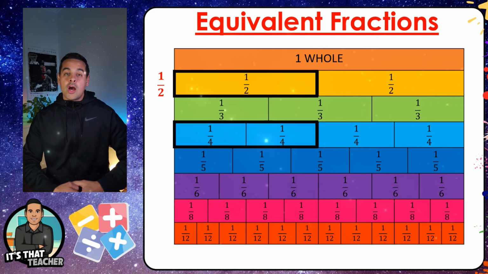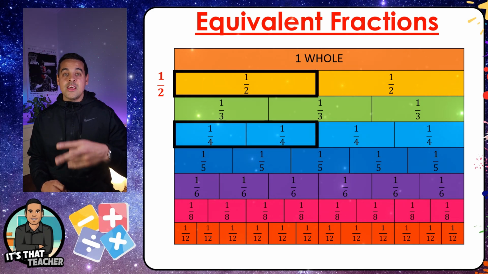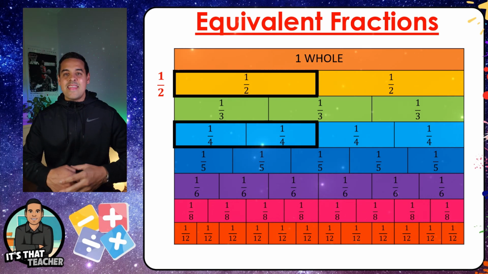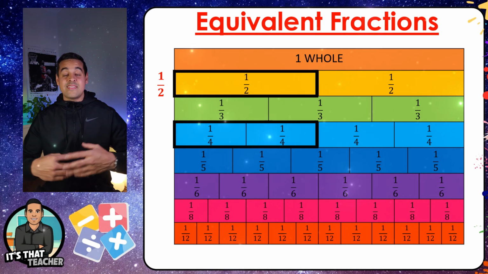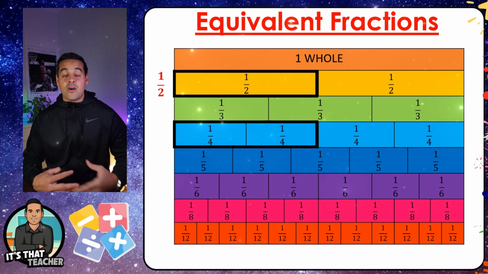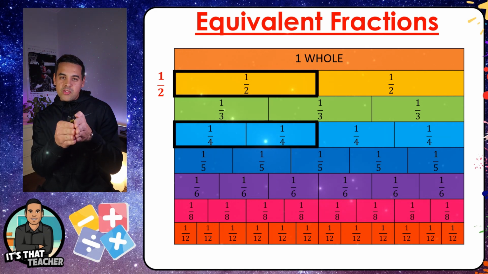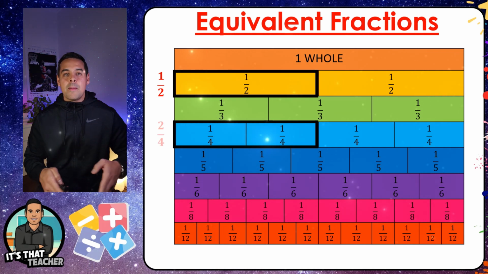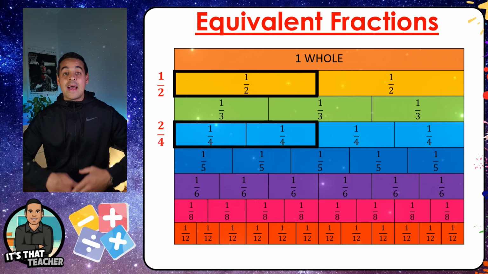Now, we have also highlighted 2 quarters. You can see by using the fractions chart that this equals the same amount. So both black boxes, outlines that have been highlighted, equal the same amount. You can see one's not longer than the other. They stop at exactly the same amount, meaning that the 2 quarters here are equivalent.